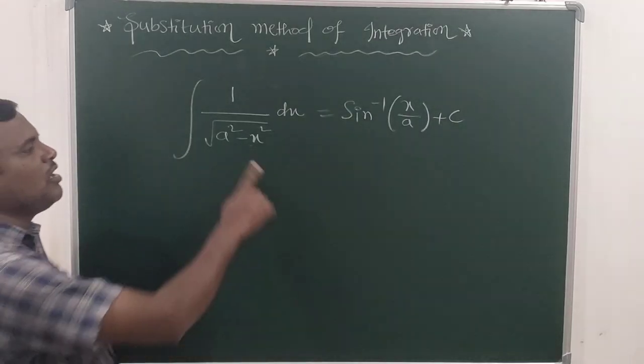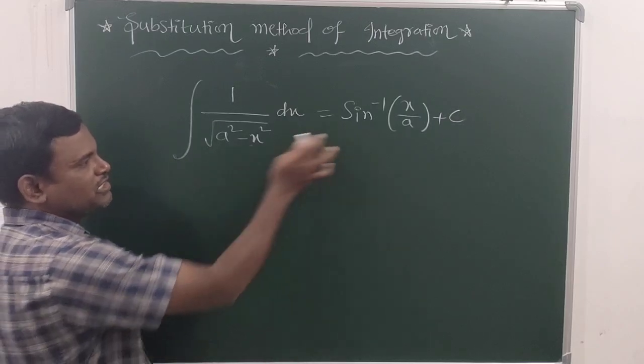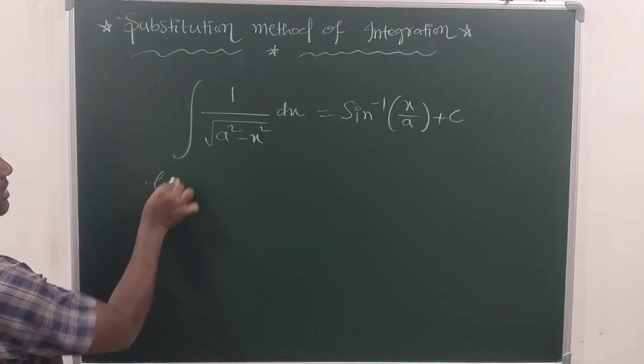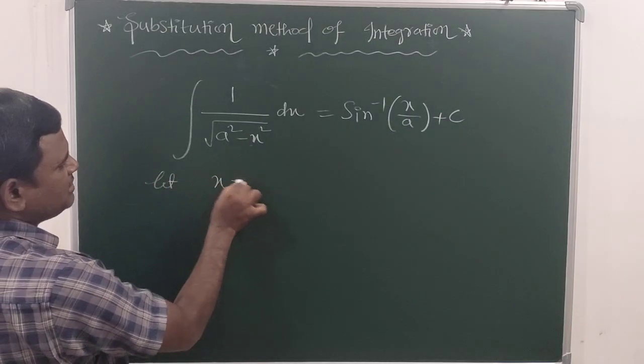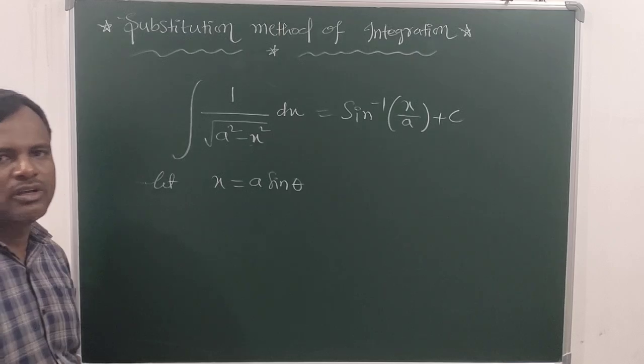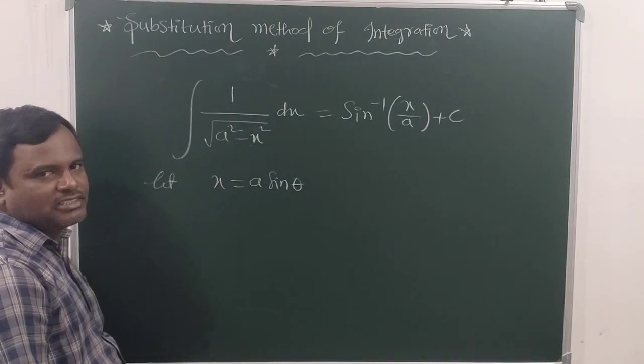Okay students, how do we get the integral of this function as this? I will give you the proof. Now here the substitution is x equal to a sin theta. This is also called an irrational function.